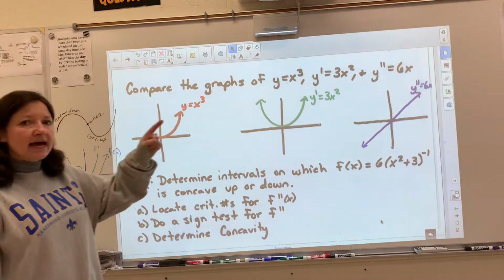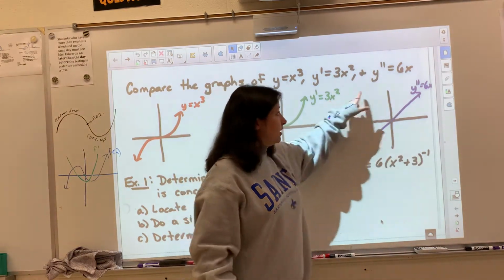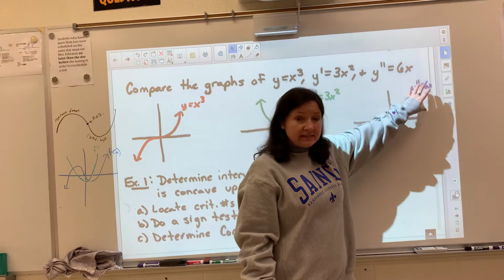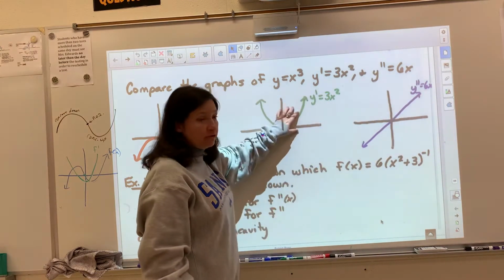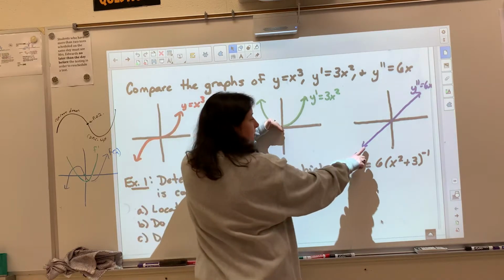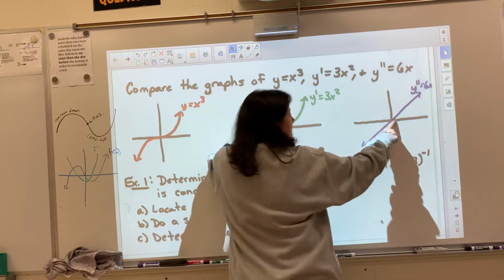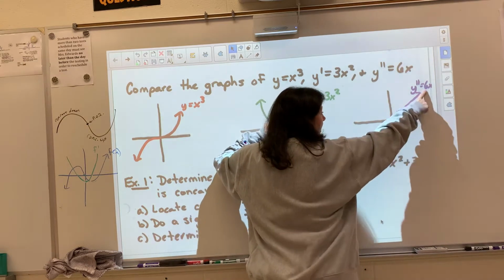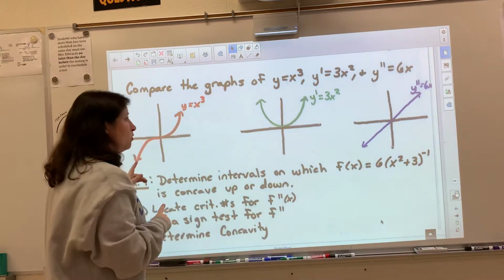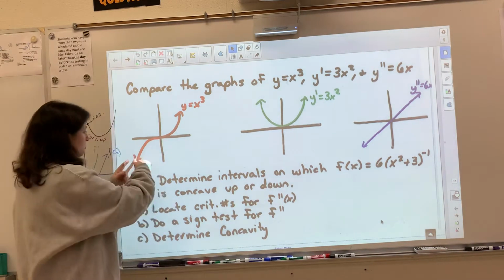Now, what does the second derivative measure? Well, the second derivative of 3x squared is 6x. The second derivative measures the slope of the first derivative. This is decreasing, so the second derivative values are negative. This is increasing, so the second derivative values are positive. Come over one more, the second derivative analyzes concavity of the original.